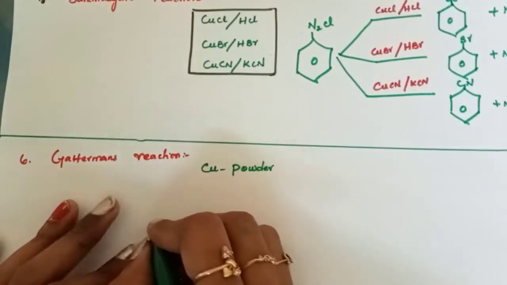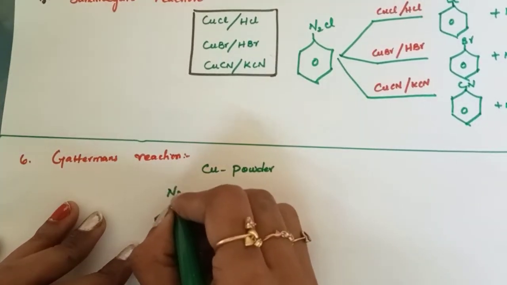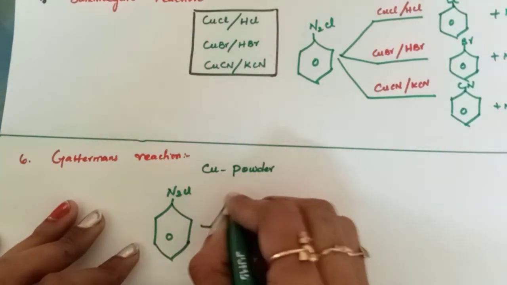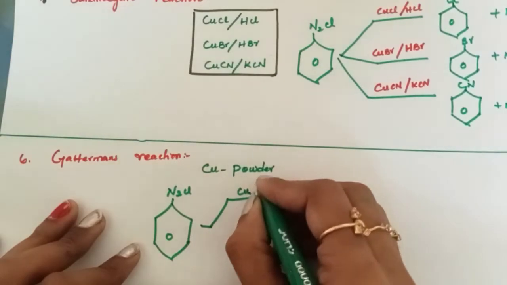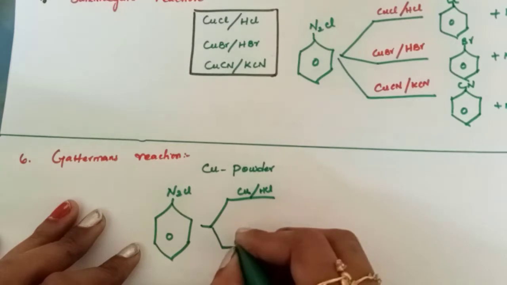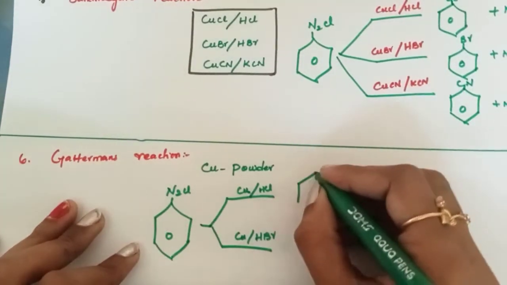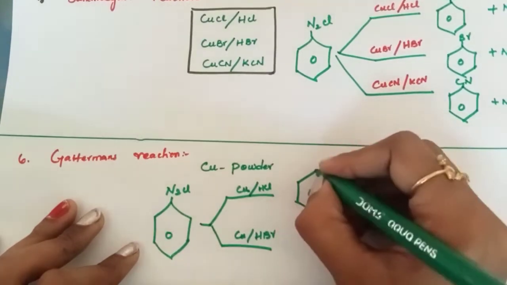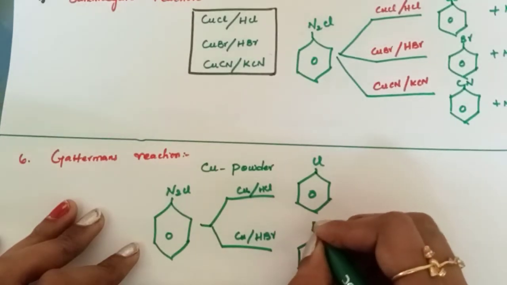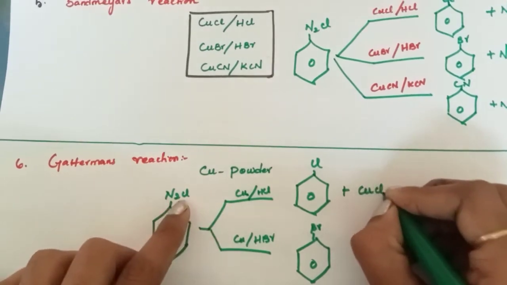So same benzene diazonium chloride, N2Cl, which on reaction with copper powder in the presence of acid HCl, copper powder in the presence of HBr, the corresponding benzenes form. Here chlorobenzene, here bromobenzene, with the release of CuCl.